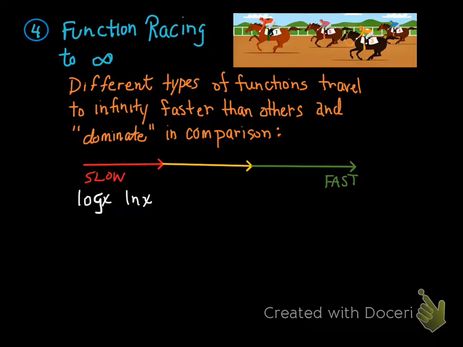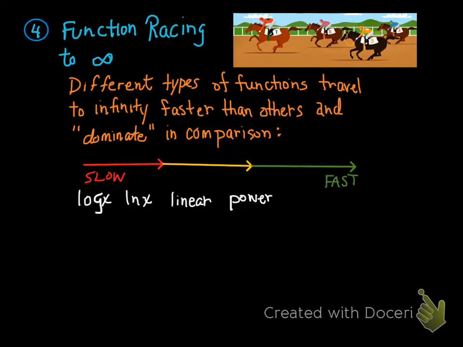We go log x, then natural log x, then linear. You can see a line kind of crawls to infinity. As x goes to infinity, the line goes to infinity as well, the positive line will, just not all that quickly. Picture that against a power function like x squared. Well, as x goes to infinity, x squared is going to soar past the linear function.